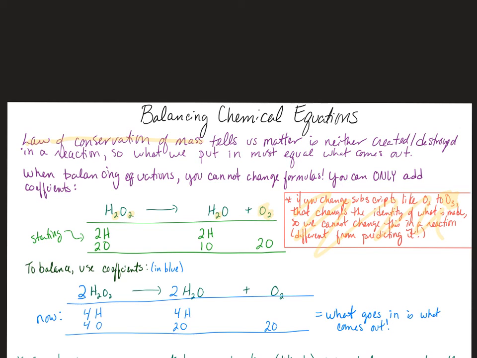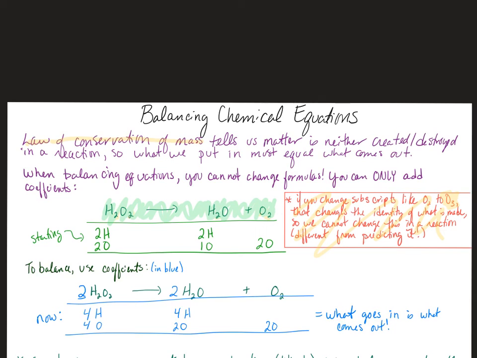Instead, what we do is add numbers in the front of the formulas in order to tell what is balanced in a reaction. So to start off, let's say that we've got H2O2, and that's going to decompose into H2O and O2.